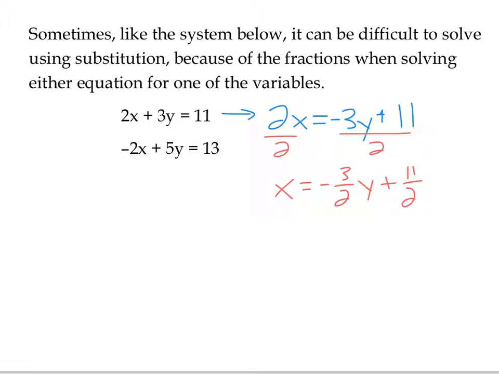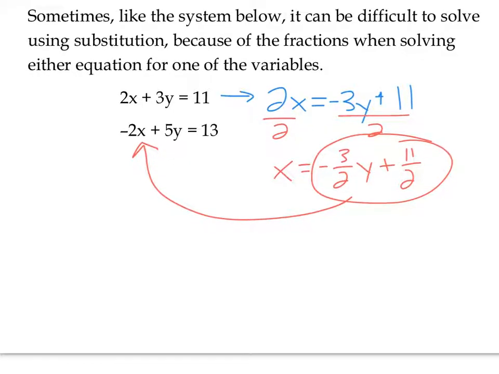And then I'd have to plug that into this other equation for x. I'm going to have fractions to deal with that are going to be a bit of a pain. That's not really the easiest way to go. So we're going to learn another method for systems of equations like these, where it might not be easy to solve for x or y and substitute in. There's going to be another method that we can use.